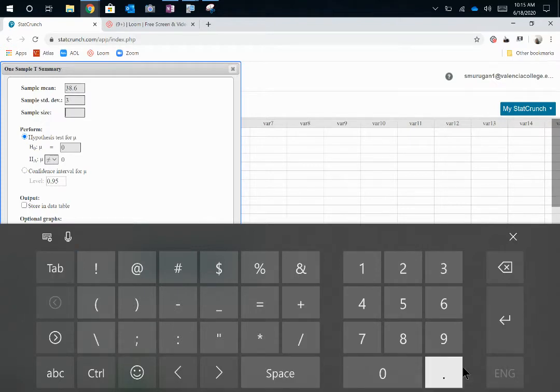Sample size is 15. H is equal to 39, and it automatically puts in not equal to 39 unless you changed it, okay? It's already selected for not equal to 39. And compute.